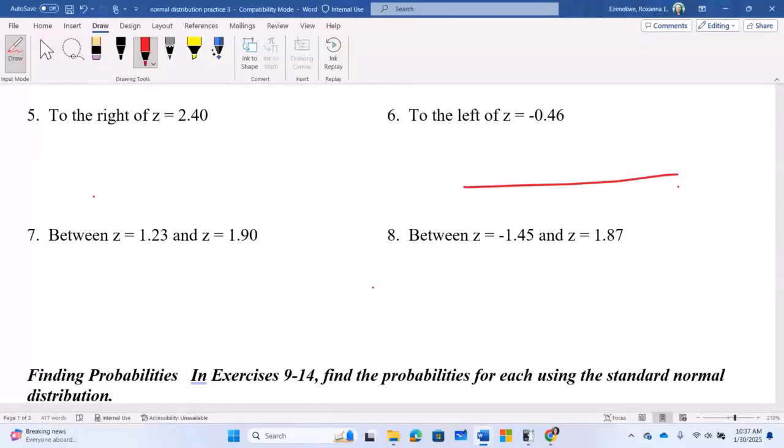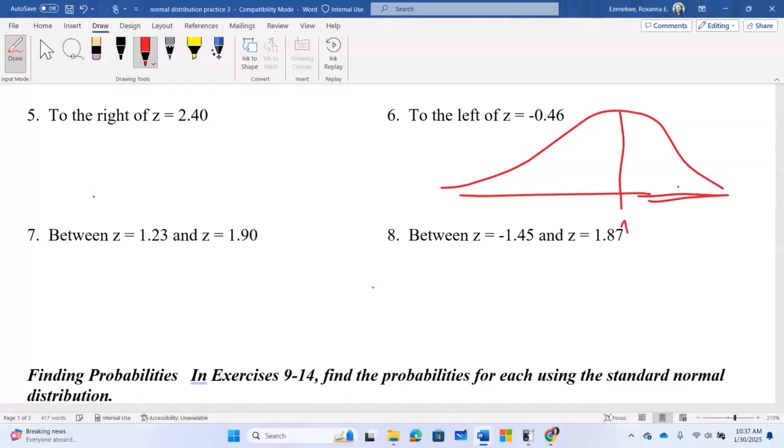For any question on normal distribution, draw a normal curve. Let's just make this negative 0.46. Now I'm drawing the normal curve associated with the question in number 6.